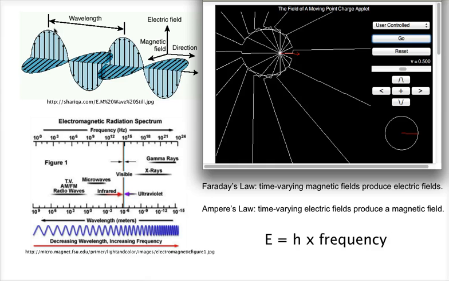And again, electromagnetic waves have the same properties as mechanical waves. They have a wavelength, a period, a frequency, an amplitude, and a direction of propagation. And one interesting thing to note is that the magnetic field and the electric field are perpendicular, and they're both perpendicular to the direction that the wave is going. And you can see that here.